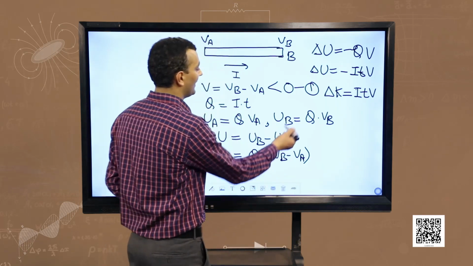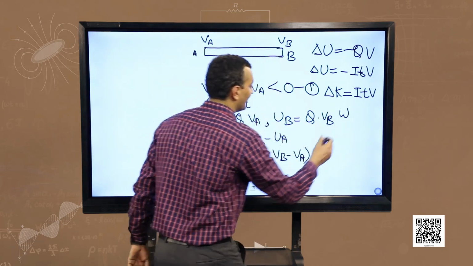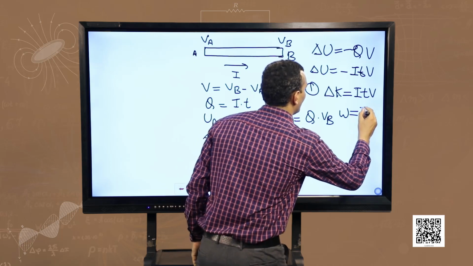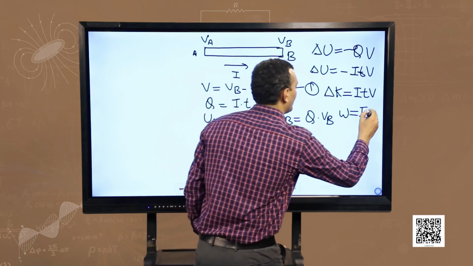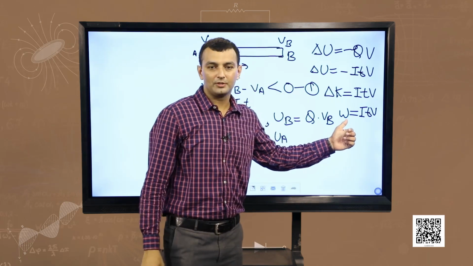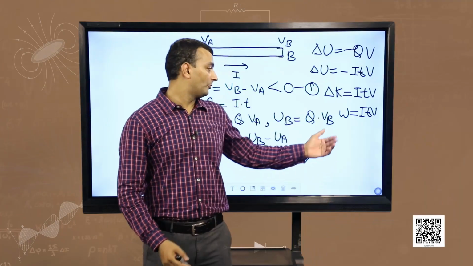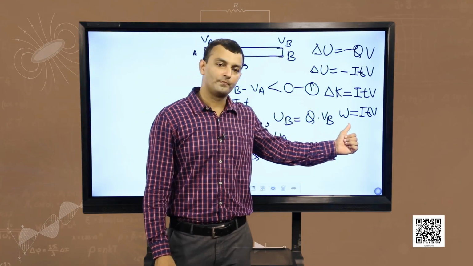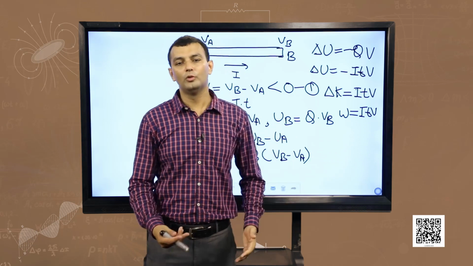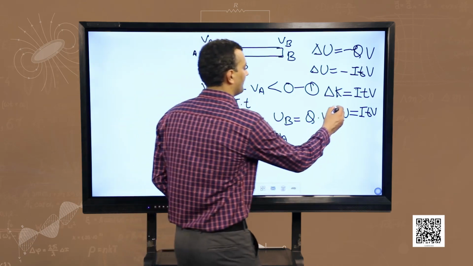So we can say that this kinetic energy ultimately appears as heat energy, and W becomes ITV. Here W is the heat energy which is evolved in time interval T. So this much is the energy which is lost when electrons move through the conductor. Now let us introduce the concept of power.